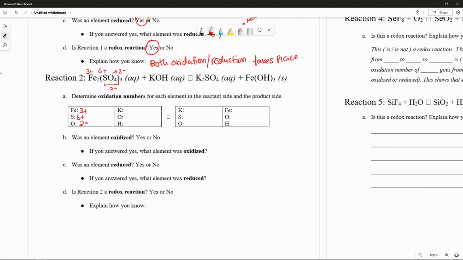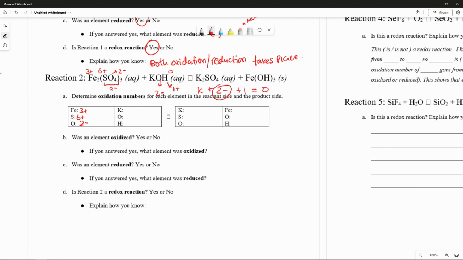All right, taking a look at our second one, KOH. We know both O and H, because H has a plus 1 charge based on one of our rules, and O has a 2 minus charge based on the rules. The whole thing's charge is 0. So we have to do K plus 2 minus plus 1 plus, so we're just going to exclude that plus, has to equal 0.